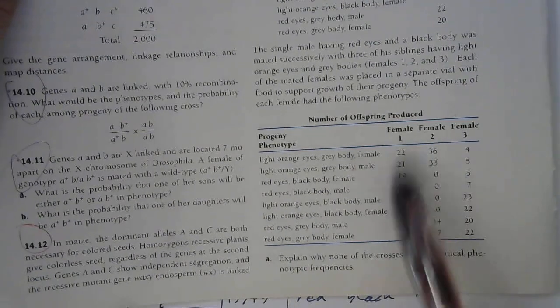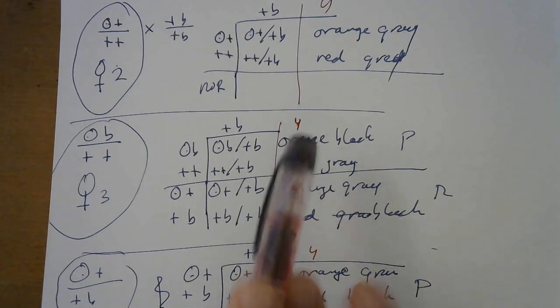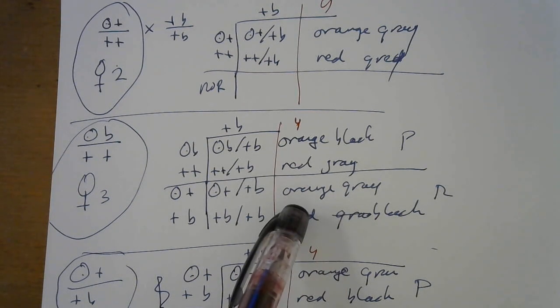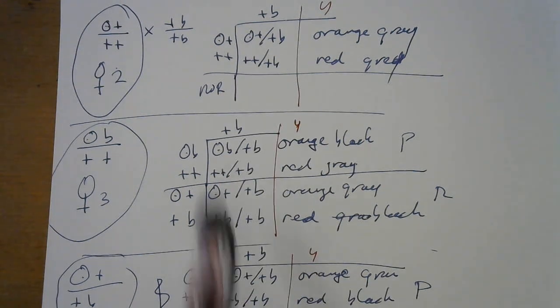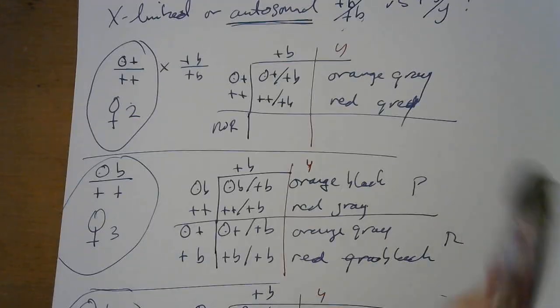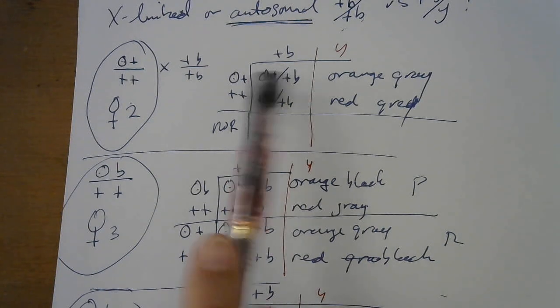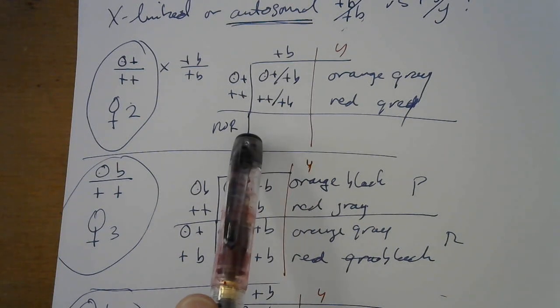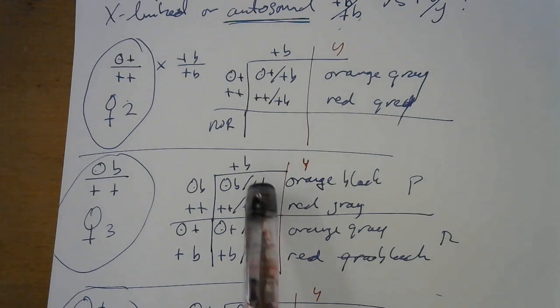So now, here we don't see any difference in male and female. So my prediction would be, if this were X-linked, all the product females would be the same, and the males, well, would they be different? The males would be the same as the females here.